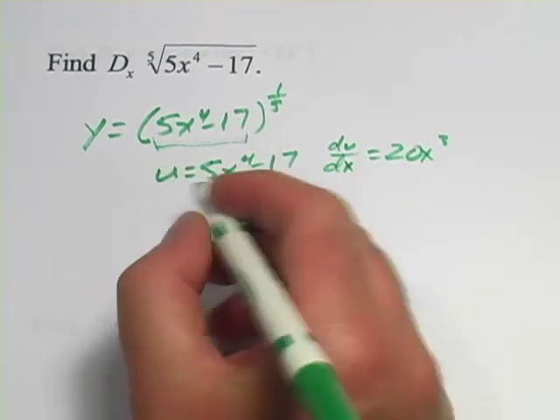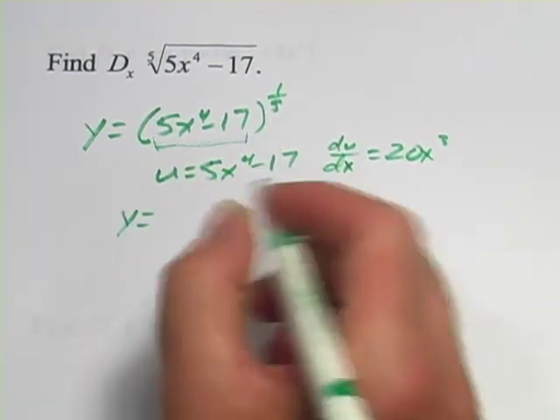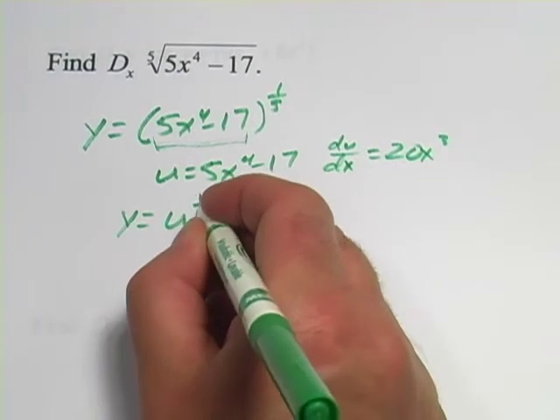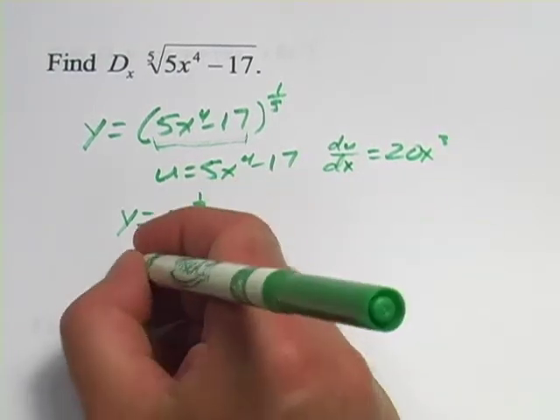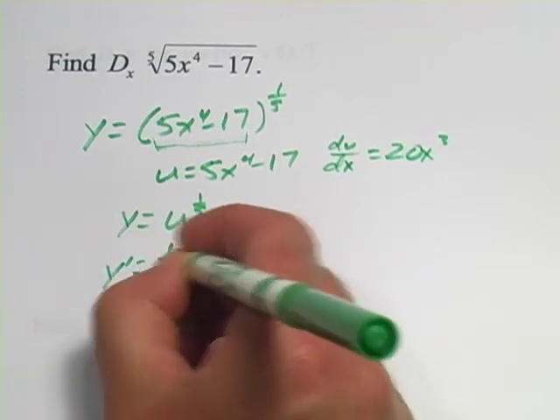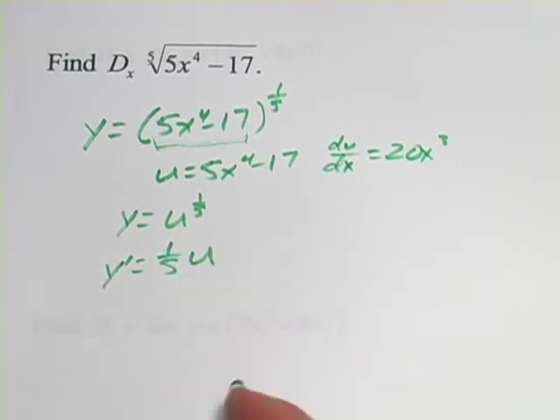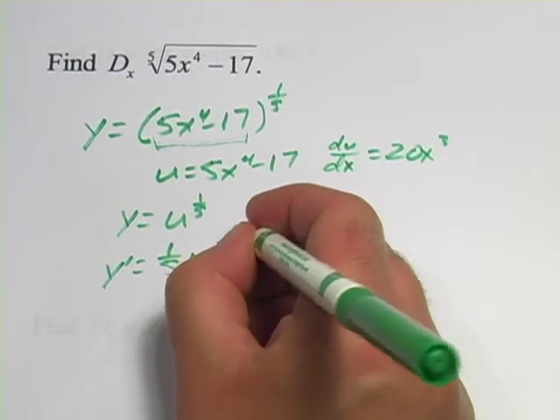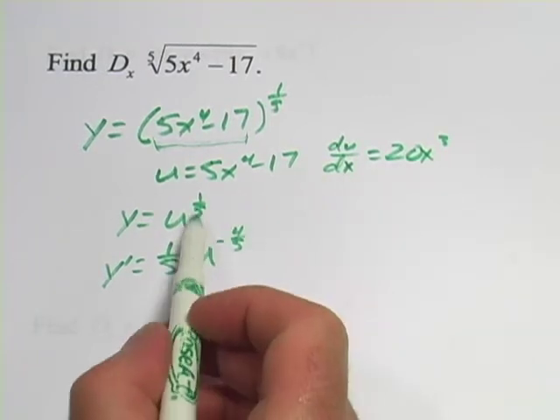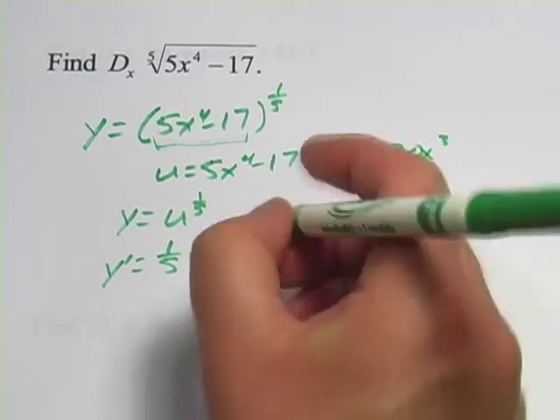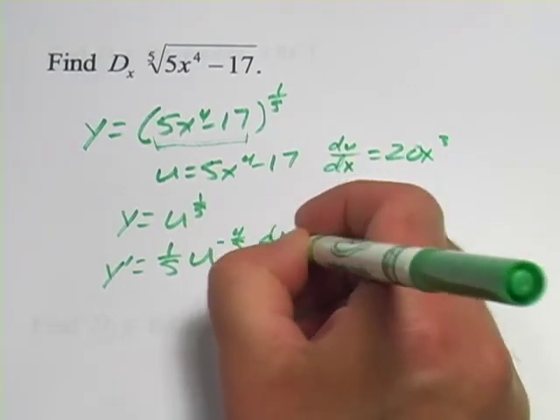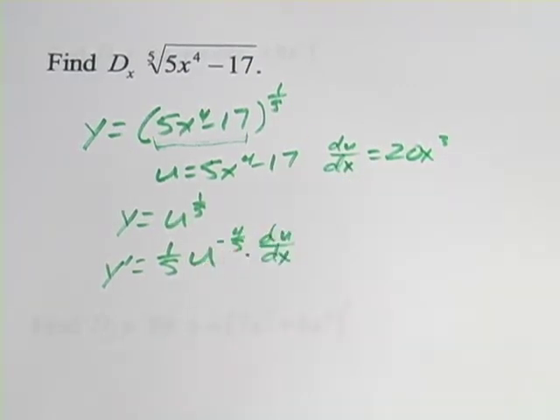Now we can set up the problem like this. Y equals u to the 1/5. And we can use the power rule on this. So y prime equals 1/5 u, and then this is going to be to the negative 4/5 because I have to decrease that power by 1, and 1/5 minus 1 is negative 4/5. But because I use the chain rule, I have to remember to multiply by du dx.